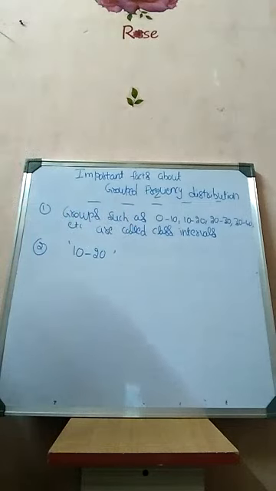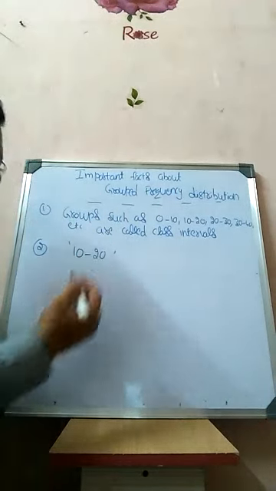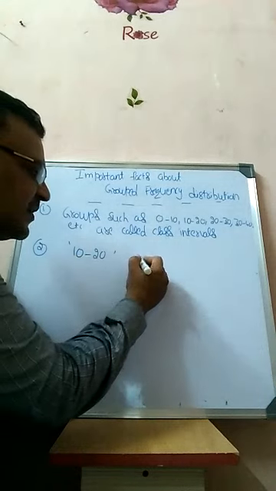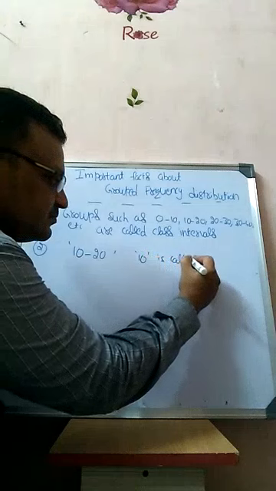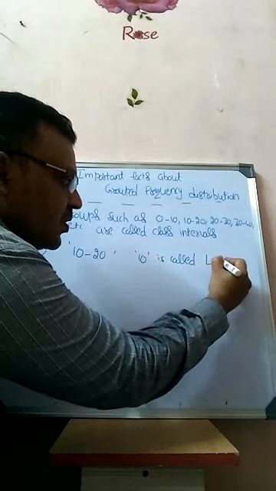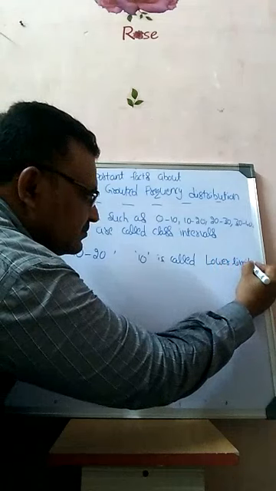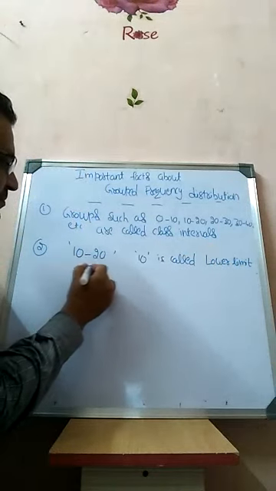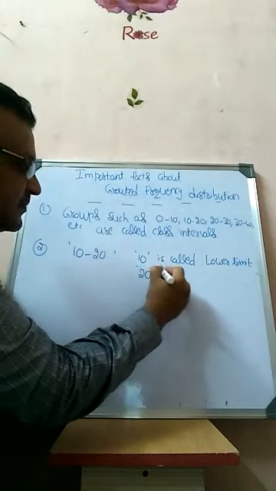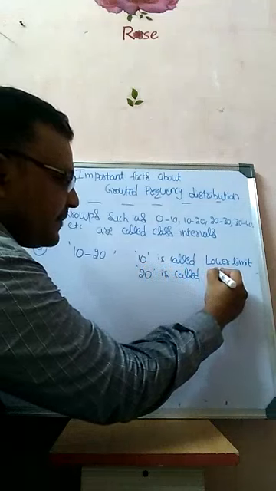In this class, 10 is called the lower limit and 20 is called the upper limit.